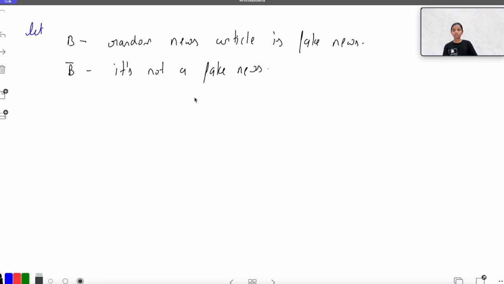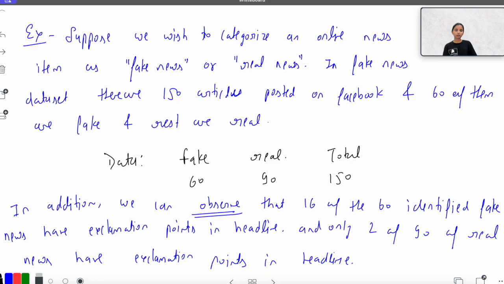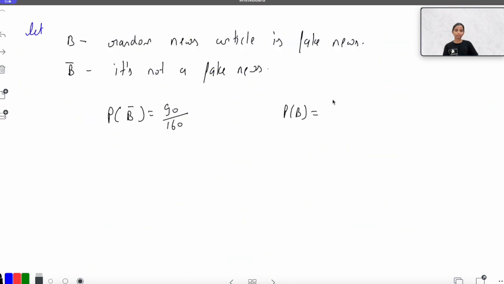That means the probability of it being a real article is 90 out of 150, and of it being fake news is 60 out of 150. So that will be 0.4 and 0.6. Now this is based on the prior model.